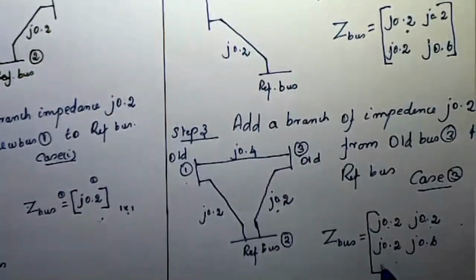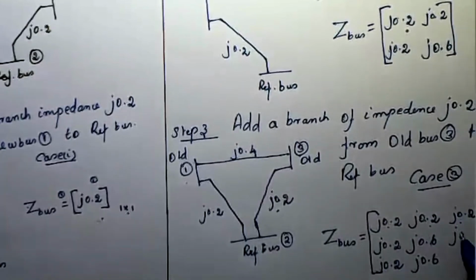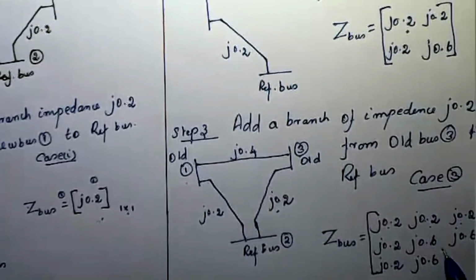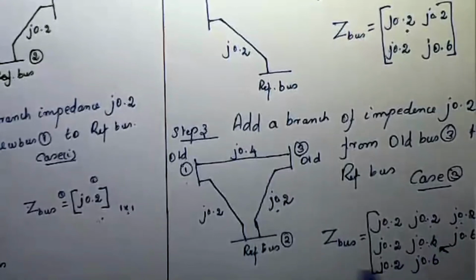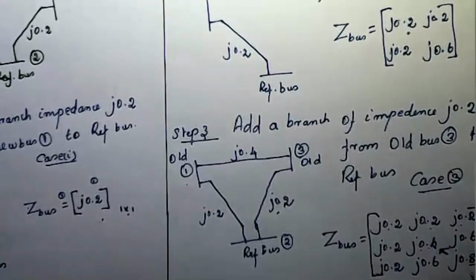The row values are just copied from the previous row, J0.2, J0.6. Similarly, the column values are copied from the previous column, J0.2, J0.6. The diagonal element is equal to the previous diagonal element, J0.6, plus J0.2, that is J0.8. Now check the order of the matrix.